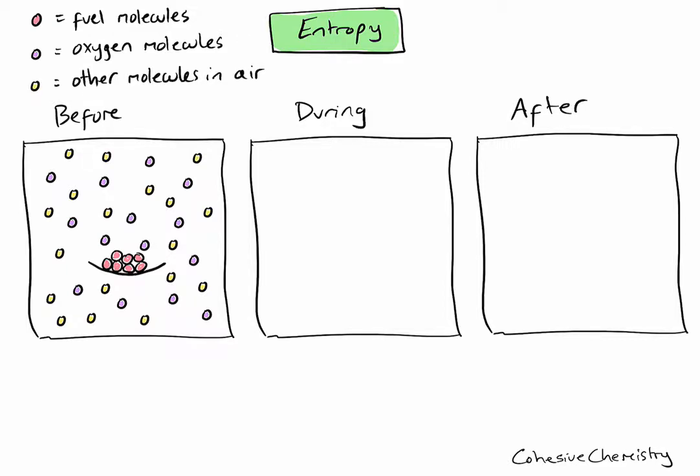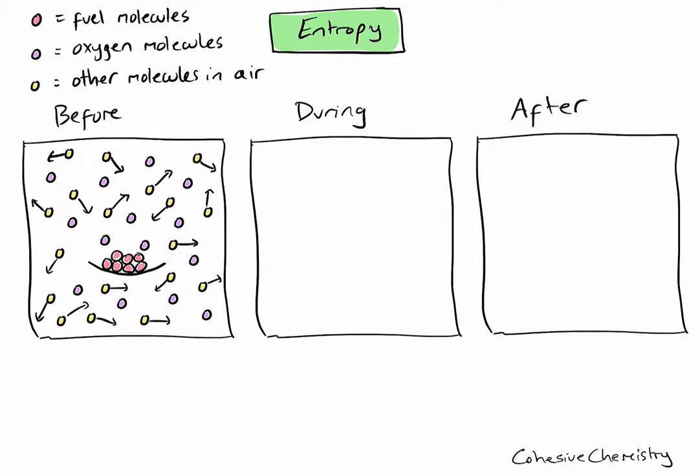Let's now focus on the movement of the other molecules in the air represented by the yellow particles. Air is a gas, so those particles at this stage are going to be moving fairly quickly, and I can represent that by adding some arrows to the yellow particles.